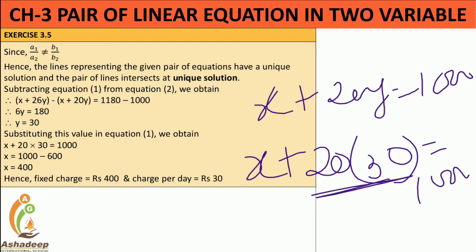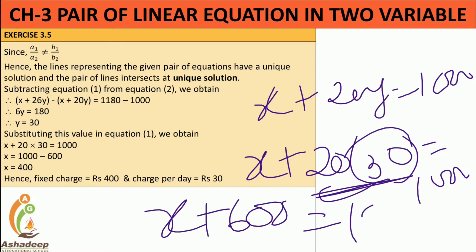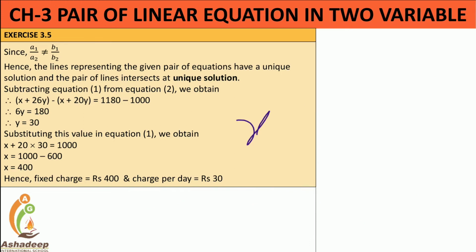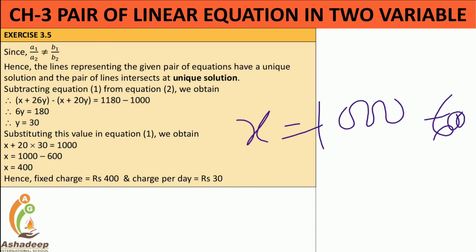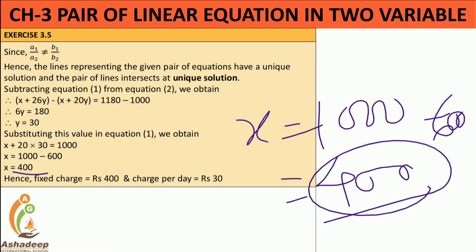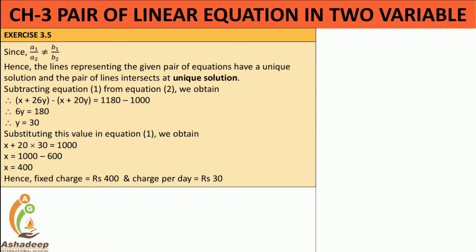Three 2s are 6 and 0, so 600. So X plus 600 is equal to 1000. If 600 goes to the other side, it becomes minus. So X is equal to 1000 minus 600, which is 400. So 400 is the answer for X. Hence the fixed charge is 400 and the charge per day is 30.